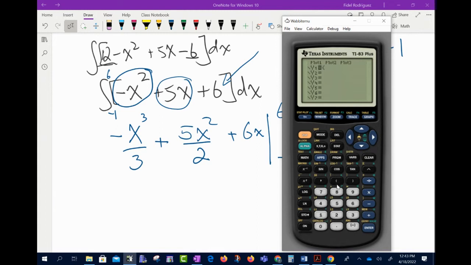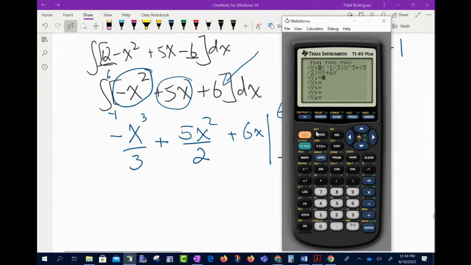I'm probably going to do negative 1/3 x to the third plus 5 over 2 x squared, and then a plus 6x, like that. So I got a negative 1/3 x to the third plus 5 over 2 x squared plus 6x.